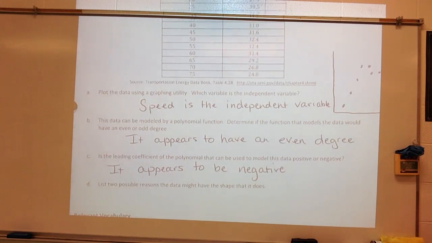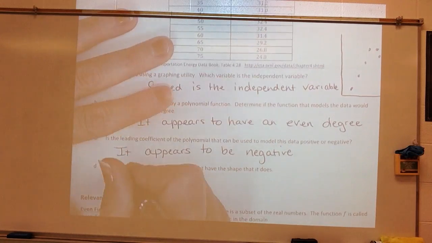List two possible reasons the data might have the shape that it does. Well, if you know anything about cars, you know fuel economy improves at a certain speed. But then wind resistance at higher speeds makes it become worse.